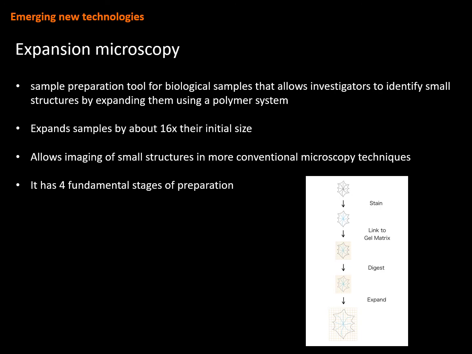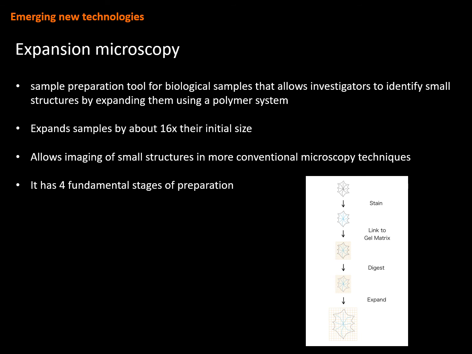Something that I also wanted to talk about is some new emergent technologies that are now coming to fruition for the imaging and preparation of samples by immunohistochemistry. One of these emerging technologies is expansion microscopy. So expansion microscopy has 4 fundamental steps. You stain your specimen, and after staining, you link it to a gel matrix that then goes through a digesting process where it's broken apart and then it's expanded.